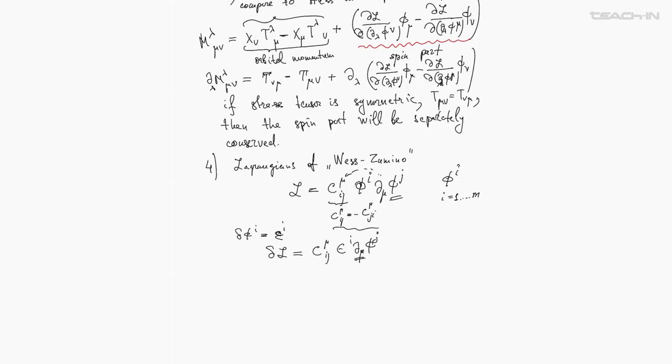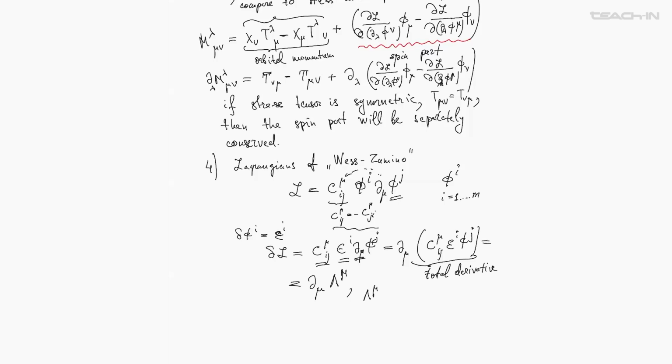But because of the constancy of C and epsilon, you can rewrite this as a derivative applied to C mu ij epsilon I phi j. And so this is, as you see, a total derivative. So we write it as d mu lambda mu, where this lambda mu term is C mu ij phi j.